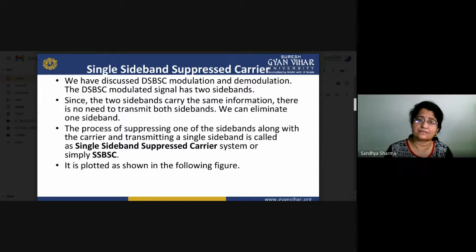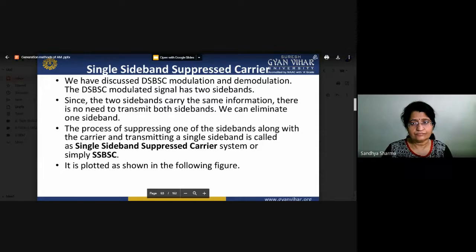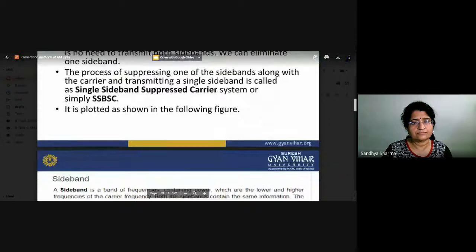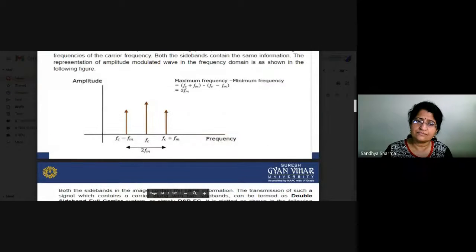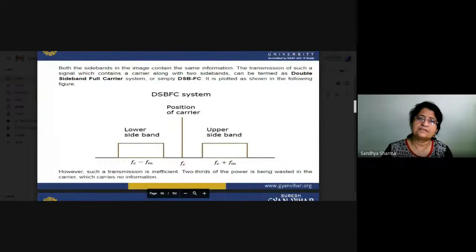To remove this type of loss, we can use the single sideband suppressed carrier system. There are two options: you can transmit your signal single sideband without carrier or single sideband with carrier. Here is the spectrum. This is the double sideband full carrier system.